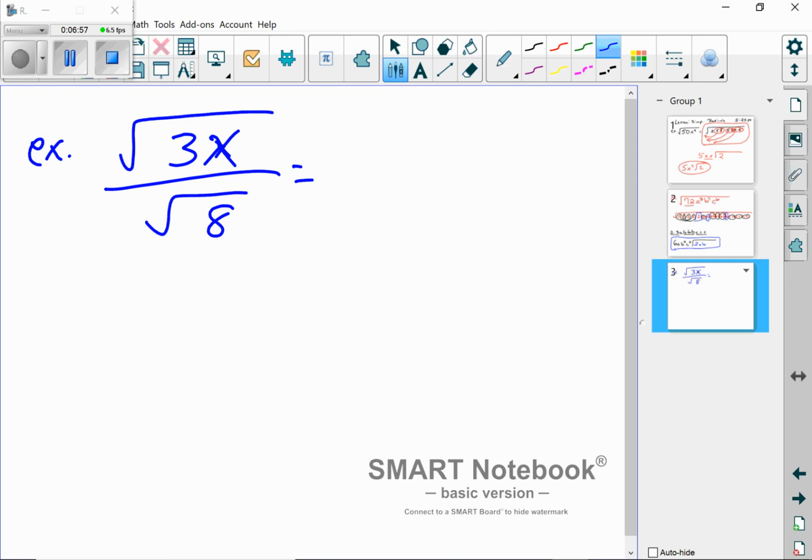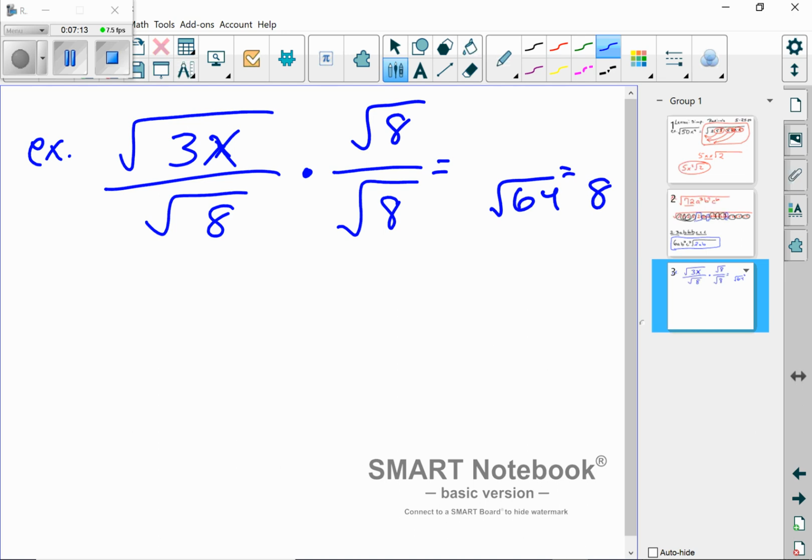So the first thing I'm going to do is erase my equal sign and start the problem by multiplying by 1, which is the square root of 8 over the square root of 8, right? And that turns into the square root of 64 on the bottom, which equals 8.